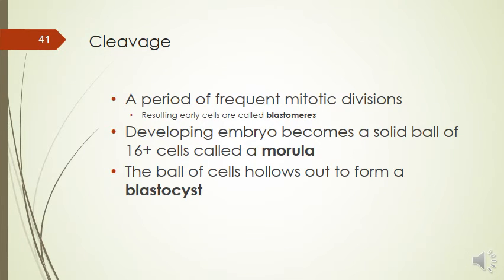Here we talk about cleavage. A period of frequent mitotic divisions results in early cells that are called blastomeres. The developing embryo becomes a solid ball of 16 plus cells called a morula, and the ball of cells then hollows out and forms a blastocyst.